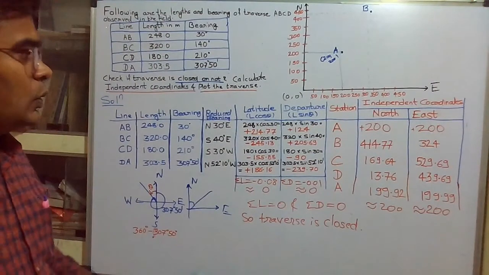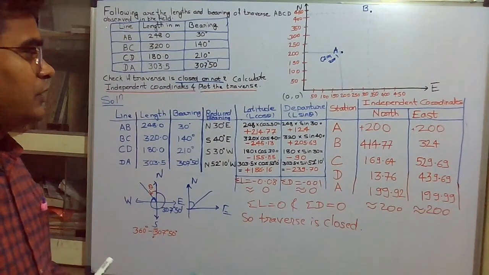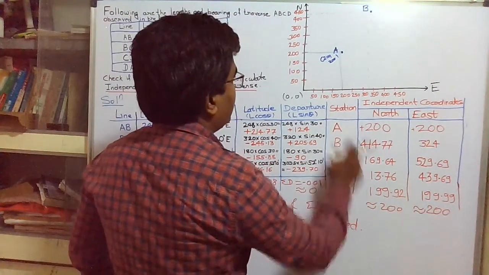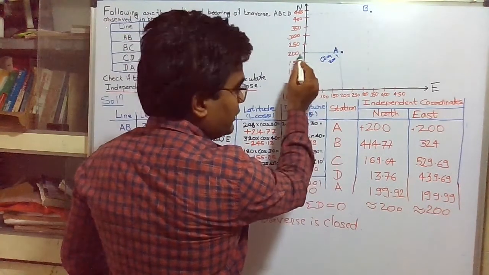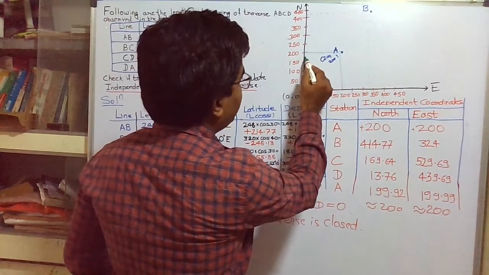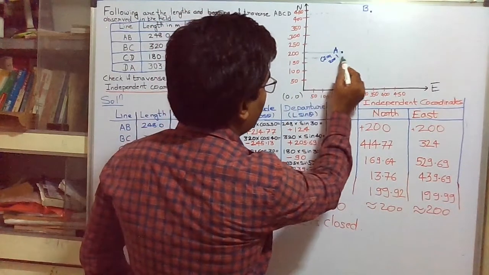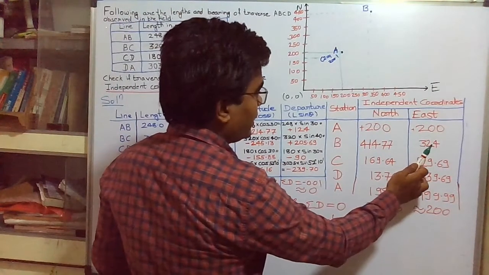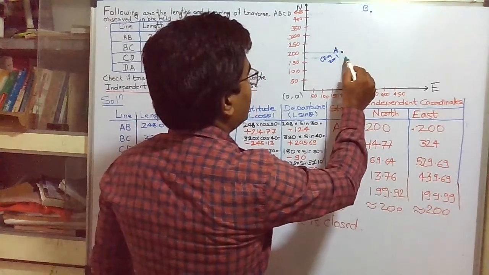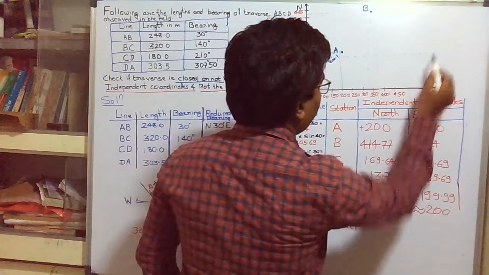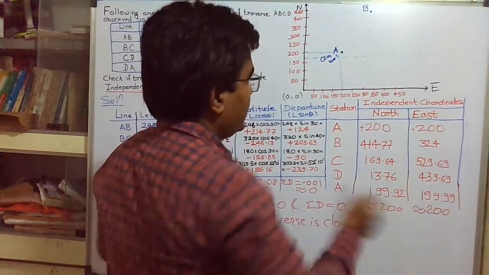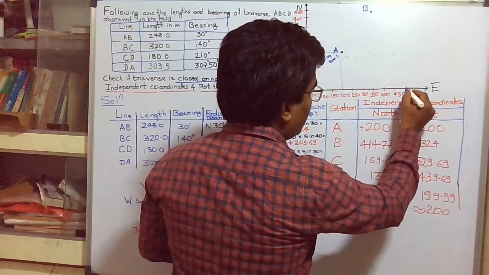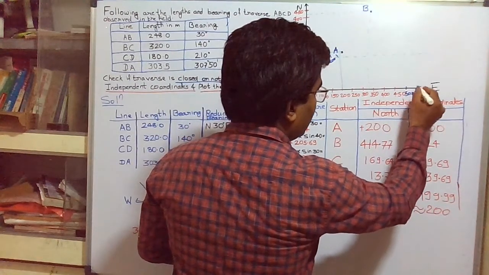Then what is next, for point C? What is the coordinate? 169.64. Here 150 and somewhere here there will be 169.64, and for east it is 529. Here we need 500 and here 550.